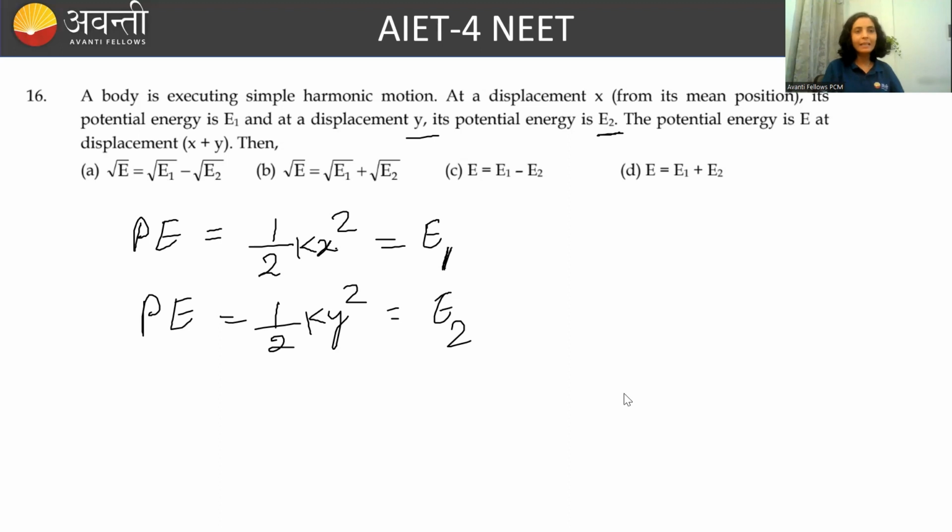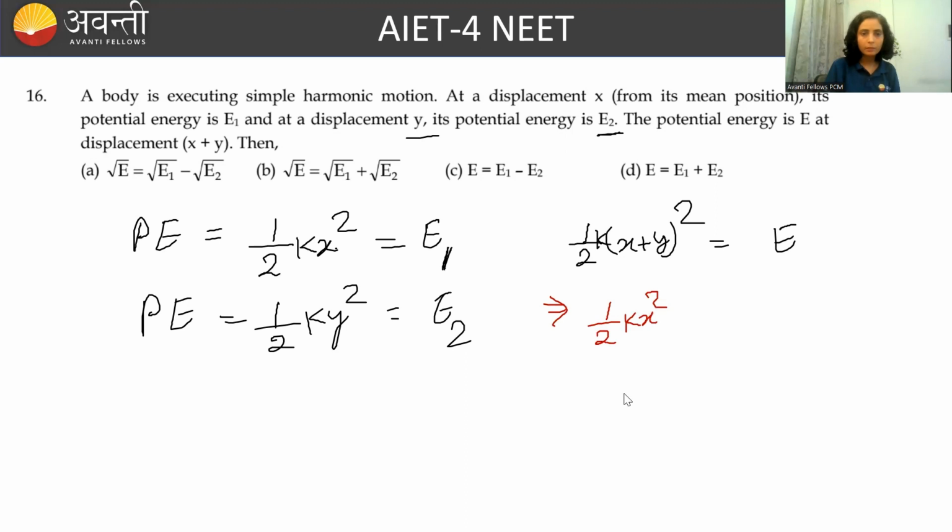Potential energy is E at displacement x plus y. So for displacement x plus y, potential energy will be half k times (x plus y) whole square, and this is equal to E. Now let's solve this. We just need to see the relation. Now here look at half kx square. Let's expand: x square plus y square plus 2xy is equal to E. Now let's write it carefully.